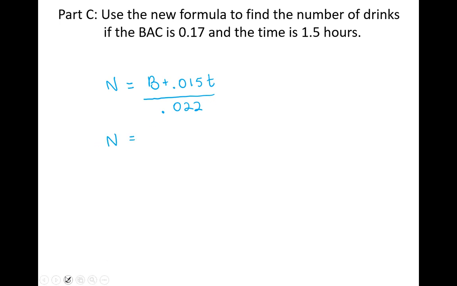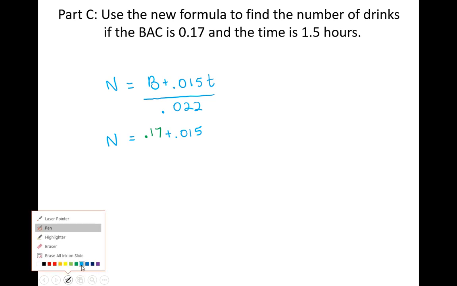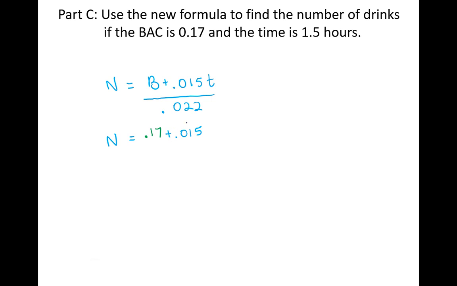I'm going to plug it in a different color. B was 0.17, so plus 0.015 and then T, plug T in a different color also. T is 1.5 hours.